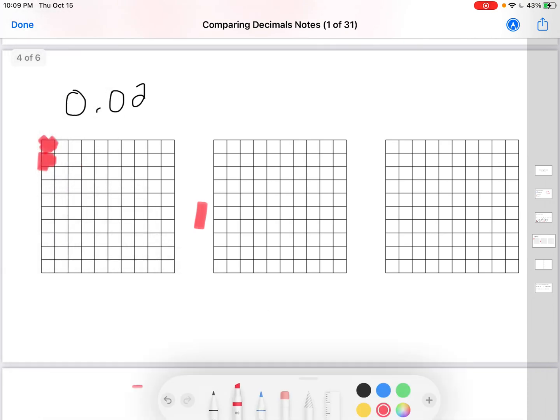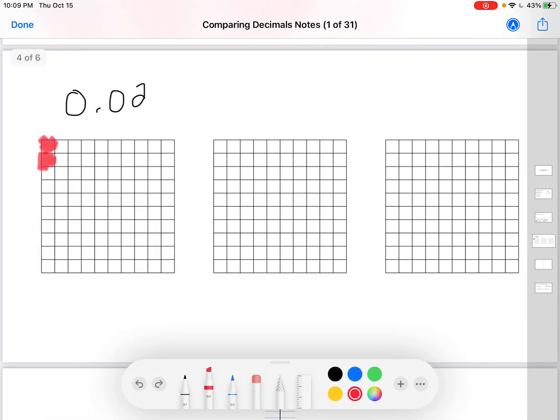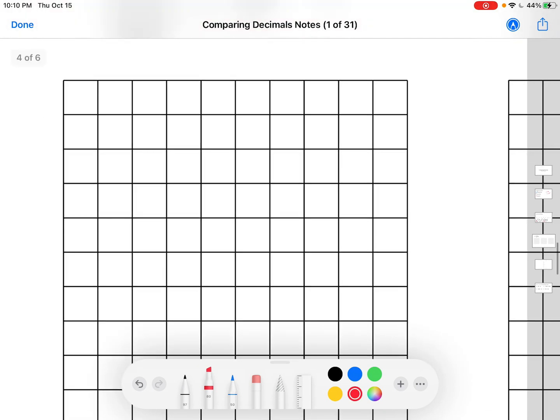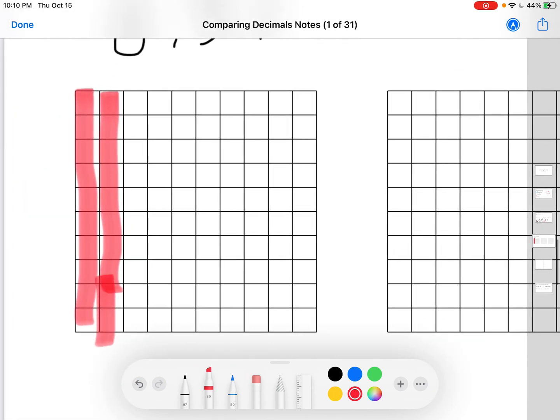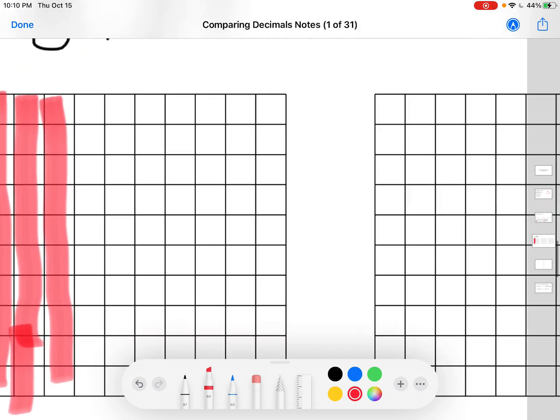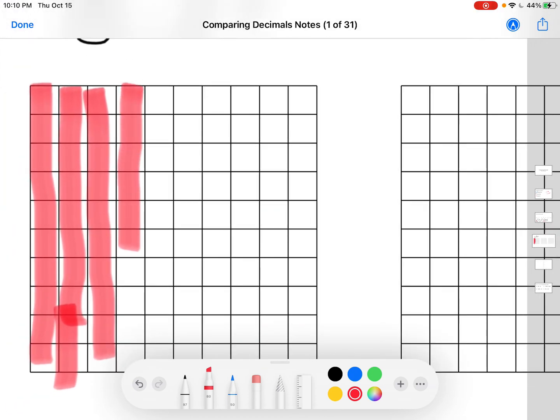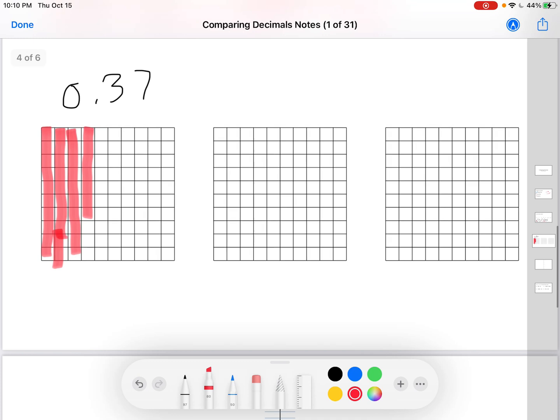So what does that mean? Well, what it means is if I wanted to graph in 0.37, I would shade in 3 tenths, and 7 hundredths. 3 tenths and 7 hundredths.